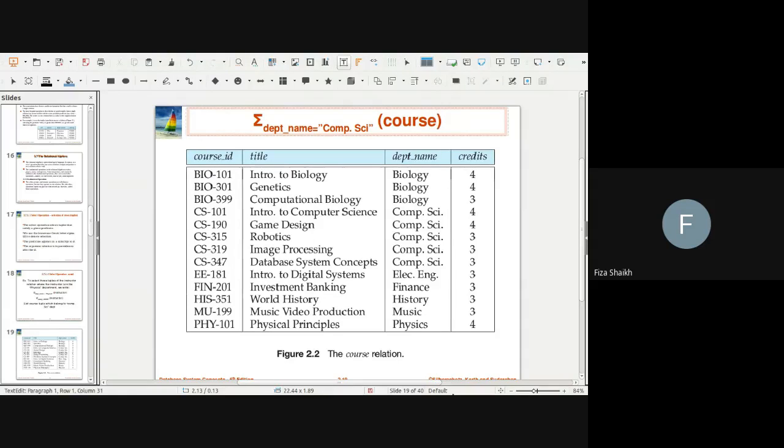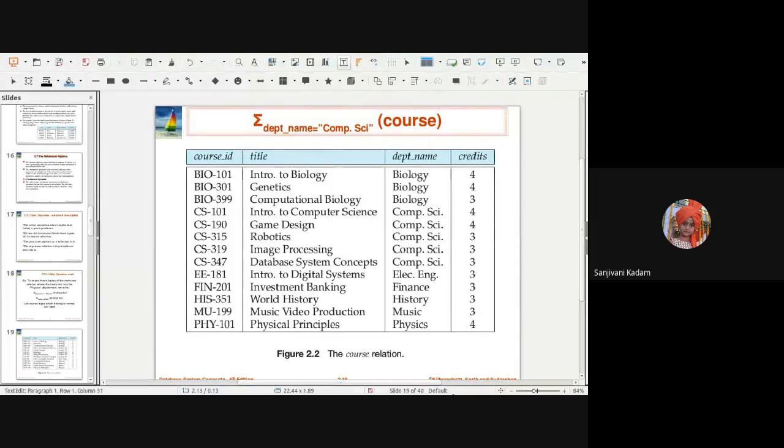Yes, ma'am. Okay, now my requirement is that here I wanted to list details of those subjects other than the computer science department. I wanted to list those subjects which are taught in the other departments other than the computer science.